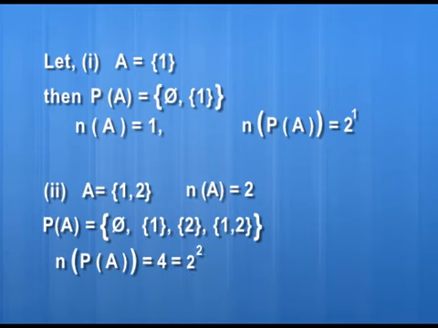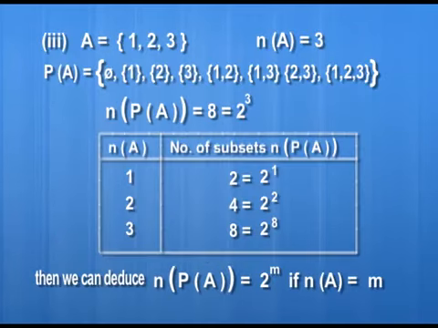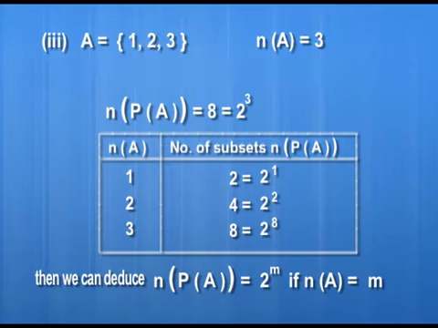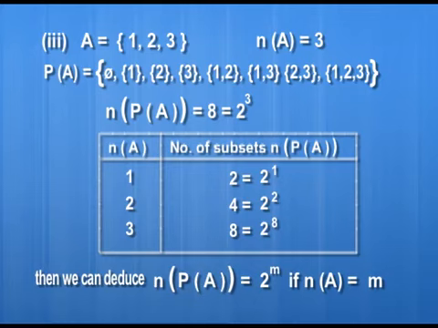Now, one more element has been put in set A. So, there are 3 elements in set A. Power set will be having these elements: singleton sets, sets having 2 elements, and the set itself, as earlier we have discussed. So, total how many elements in the power set of A? We have got 8 elements. Let me list this information in the form of a table.